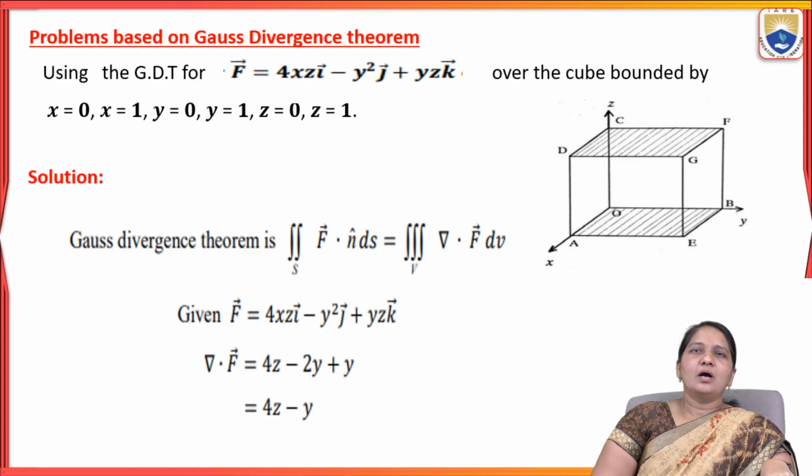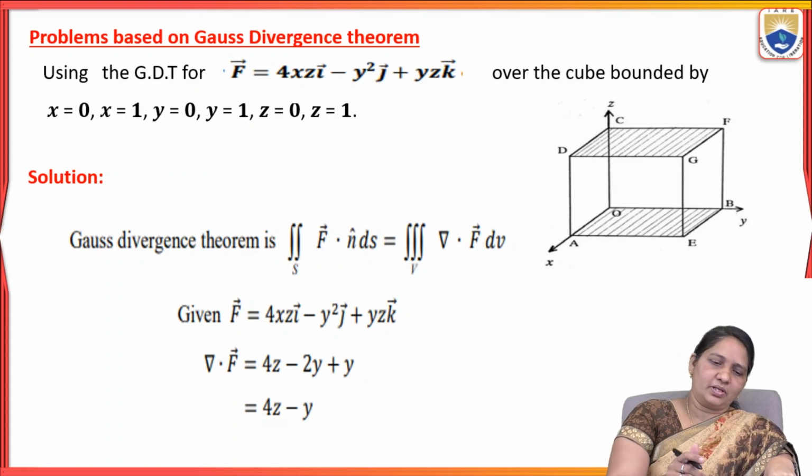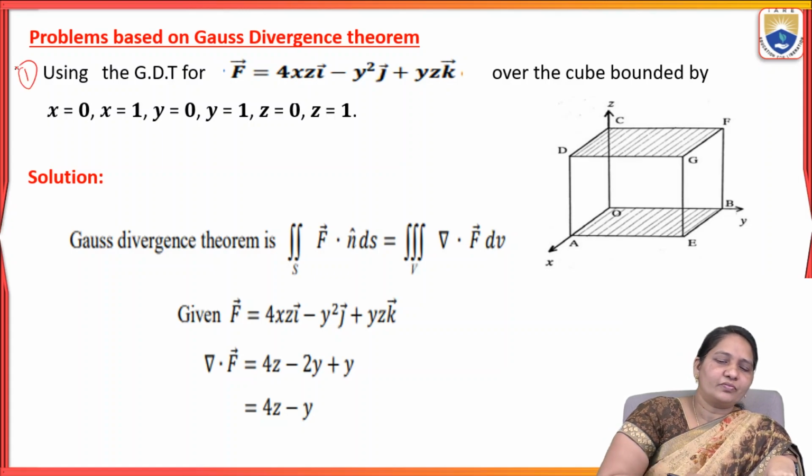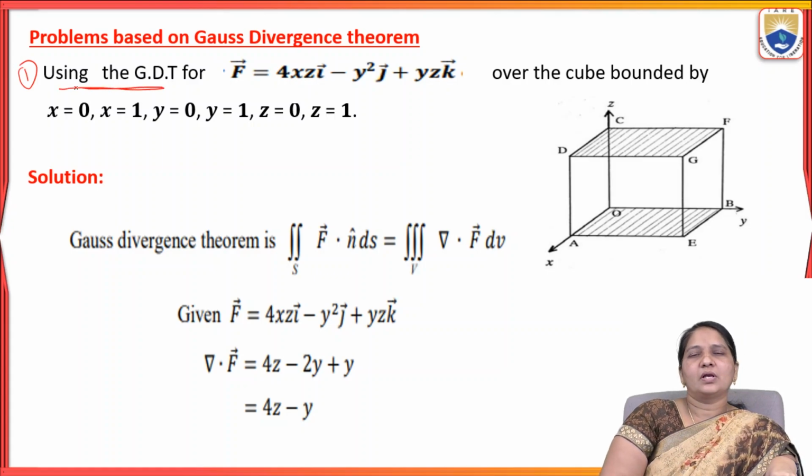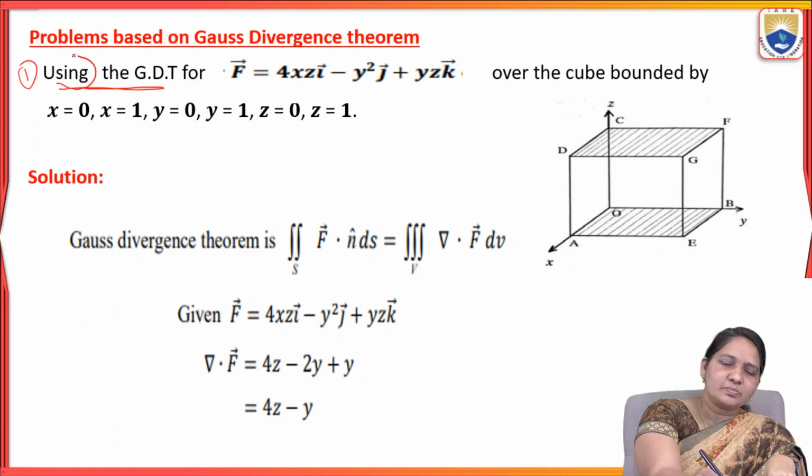These are the problems on the Gauss Divergence Theorem. Here two types of problems will be there. One type is using the Gauss Divergence Theorem. In the second model, they can give verify the Gauss Divergence Theorem.